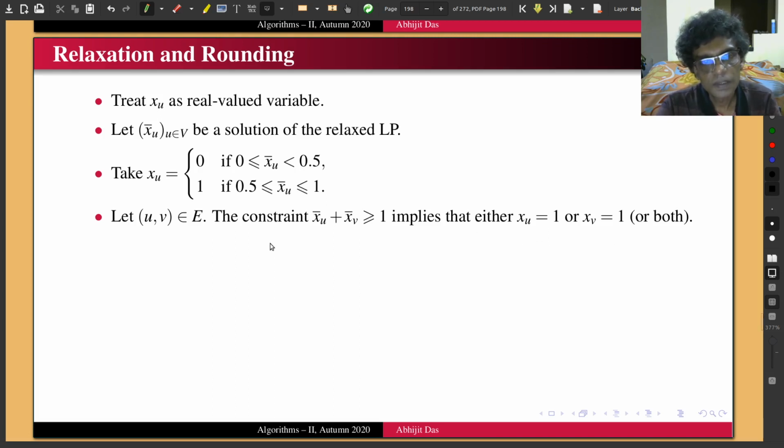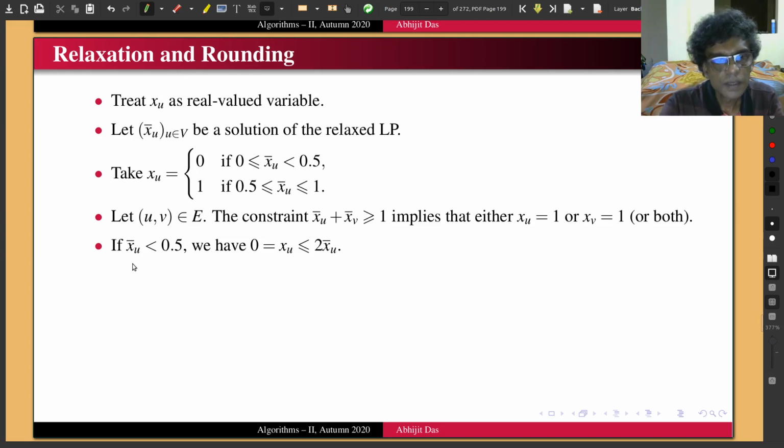Now, the question is, how bad is this compared to an optimal solution? These things we have to derive now. First, note that if this is less than 0.5, I am taking this equal to 0, and 0 is anyway less than or equal to 2 times this quantity, which is always greater than or equal to 0.